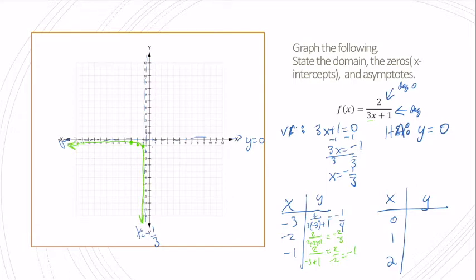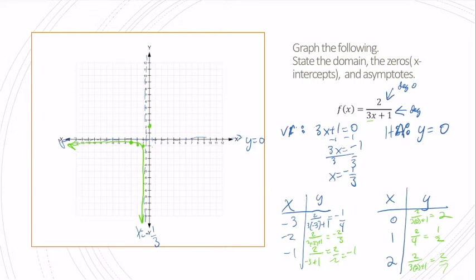Okay, let's plug in when x is 0. I have 2 over 3 times 0 plus 1. Well, that's just going to give me 2. When x is 1, I have 2 over 4, which is 1/2. And when x is 2, I have 2 over 3 times 2 plus 1, which is 2/7, which is smaller than 1/2. So when x is 0, y is 2. When x is 1, y is 1/2.